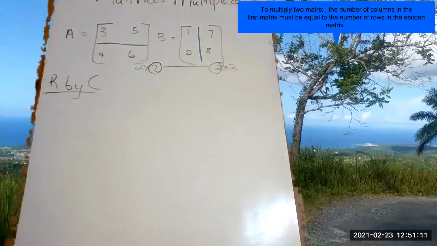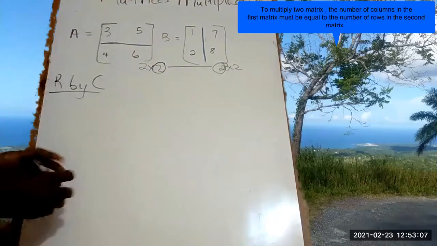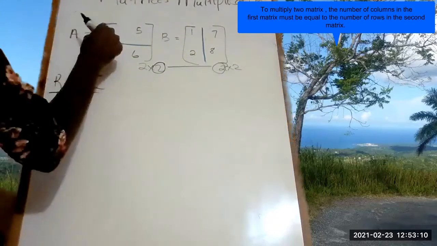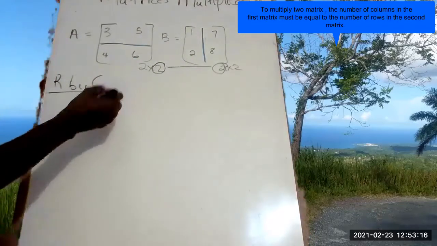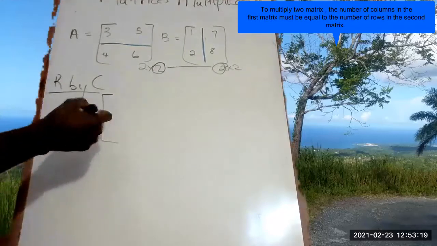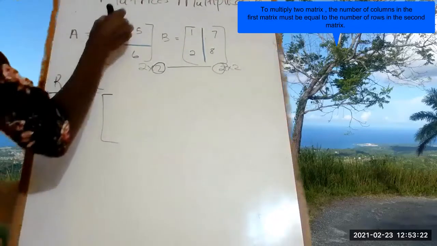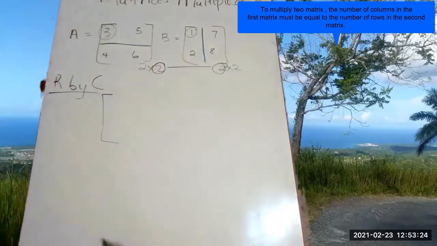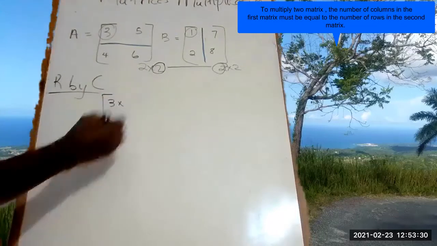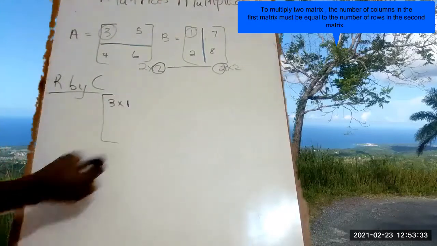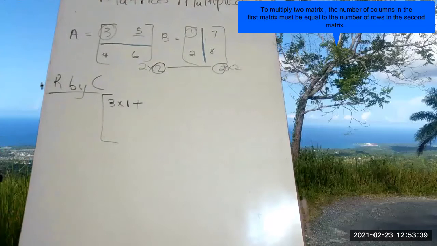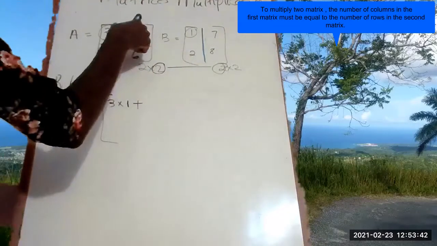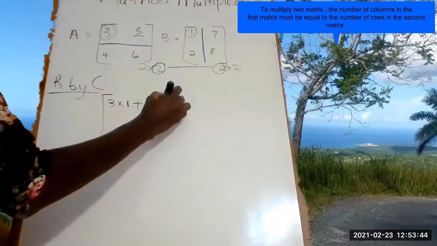So what we're going to do is multiply. When we're multiplying, it's first row by first column, and that gives us the first element. So it's going to be 3, the first element in the first row, times the first element in the first column. So that's 3 multiplied by 1 plus second element times second element, so 5 times 2.